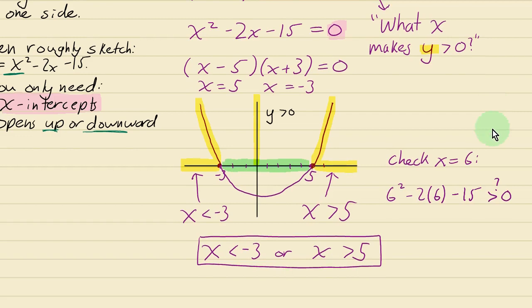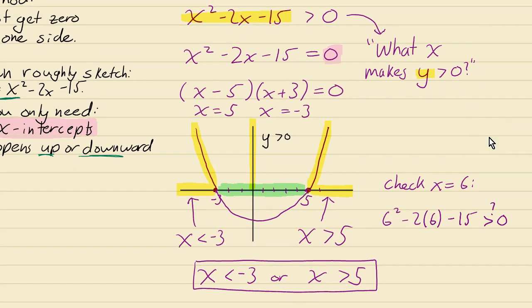So plugging in x equals 6 into this inequality is going to give you 6 squared is 36 minus 12 minus 15. Is that greater than 0? Yeah, this is going to give you 36 minus 27, which is 9. 9 is greater than 0. So yeah, that sounds like that is the solution.